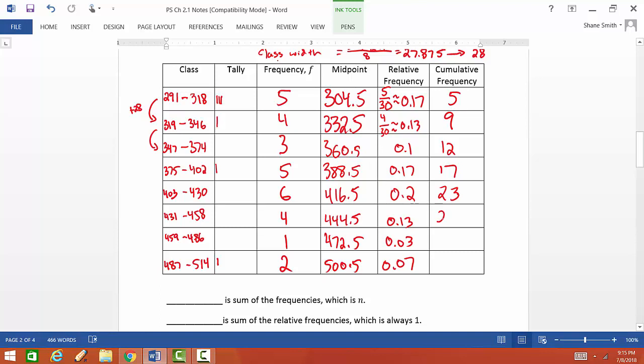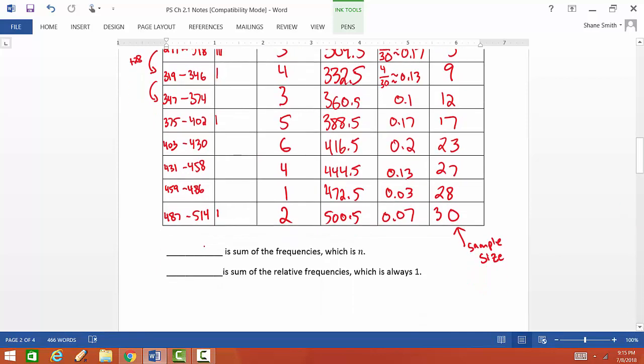Plus 4 is 27. Plus 1 is 28. Plus 2 is 30. And a good way to check, we know we got 30 data points, so the last number here should be the sample size. And 30 is our sample size, right? Because we got 30 data points in our sample.